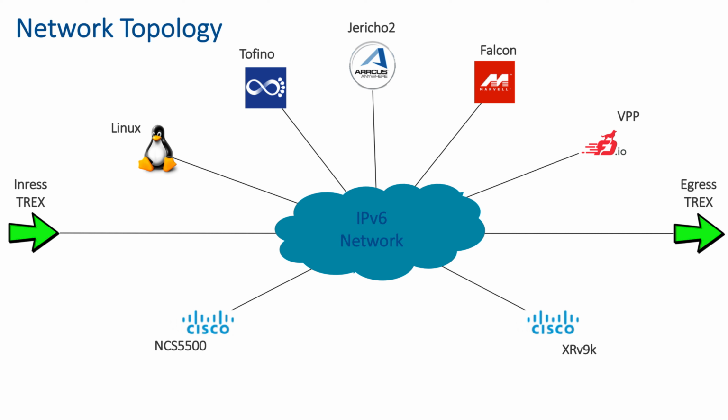These are Cisco NCS 5500 router based on Broadcom Jericho NPU, Barefoot Tofino, which is a fully P4 based implementation, Arcus device using Jericho 2 NPU, and Marvell provided implementation on their latest Falcon ASIC. Last two available implementations are ASR9K and very recent Cisco 8000. Each is based on different custom silicon made by Cisco.